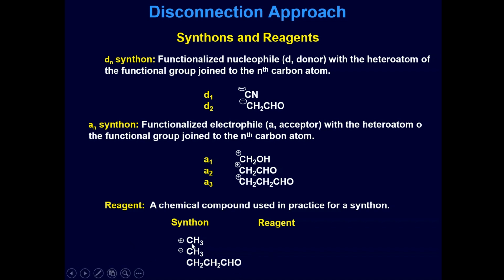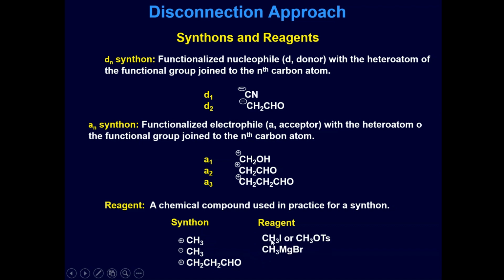If I need CH3 minus, which reagent can I use? If I want plus CH2, CH2, CHO, which reagent can I use? It means we have to use a reagent which can give CH3 plus.